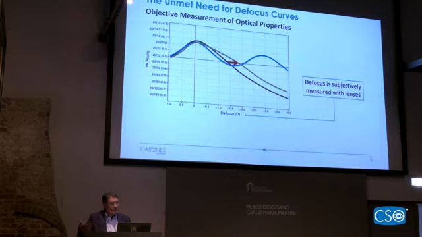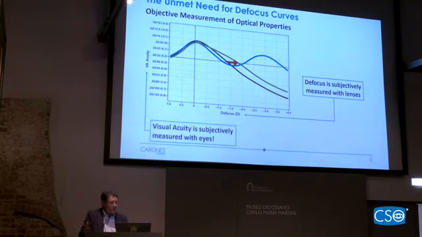So the focus curve is subjectively measured with lenses, and this gives the amount of diopters eyes are able to read with or without correction. And the visual acuity is subjectively measured with eyes, unfortunately, and this is the biggest difficulty to overcome if we want to objectively measure optical properties of the eyes.